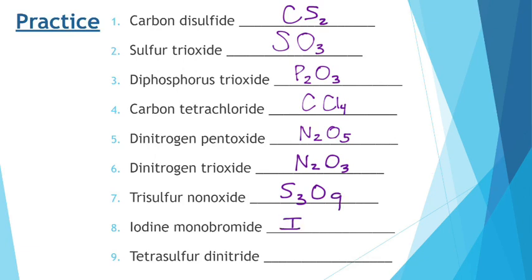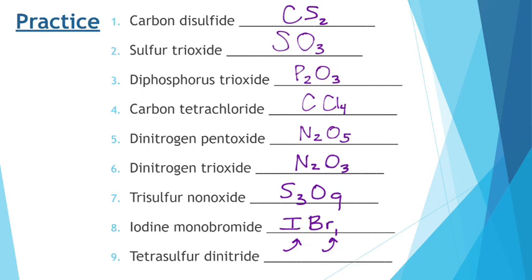And then iodine monobromide. We probably didn't worry about it before when we had these elements that were just one carbon, one iodine. We didn't write anything else, but it kind of made sense since we just had carbon in the name. But even here, when we have monobromide, telling us we have one bromine there, we gotta have the mono prefix in the name, but we never write ones in the formulas when there's just one atom of an element.